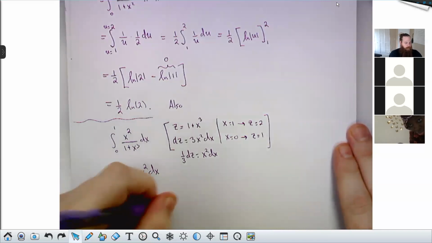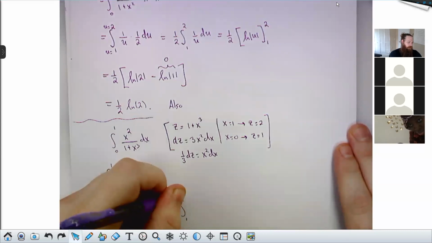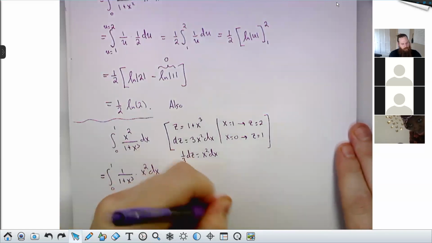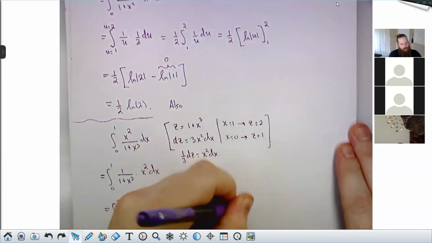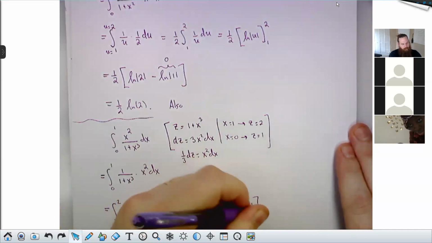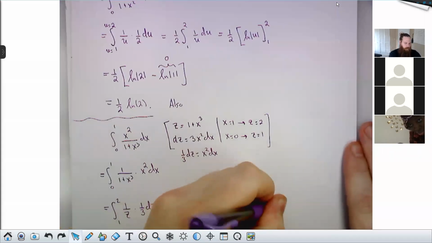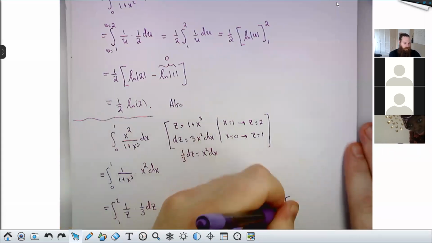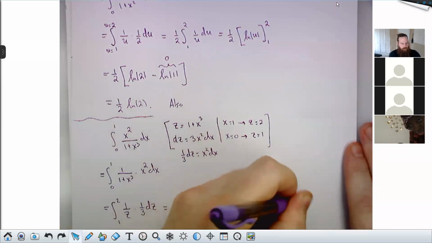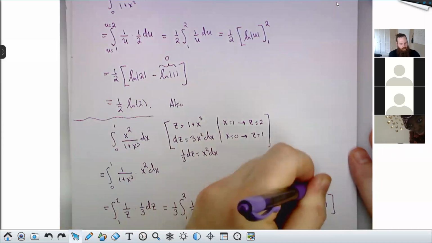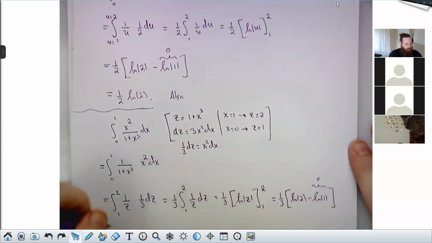I can pop the 1/3 out, and I'm left with 1/3 integral from 1 to 2 of 1 over z dz, which is 1/3 times the natural log absolute value of z evaluated from 1 to 2, which is 1/3 natural log 2 minus natural log 1. And again, the natural log of 1 is 0. So here I just get 1/3 ln 2.